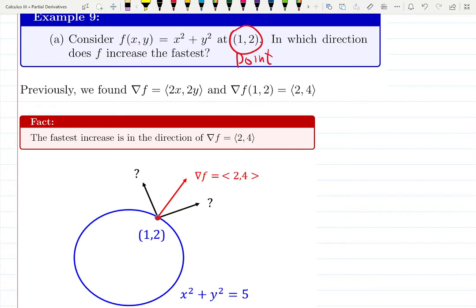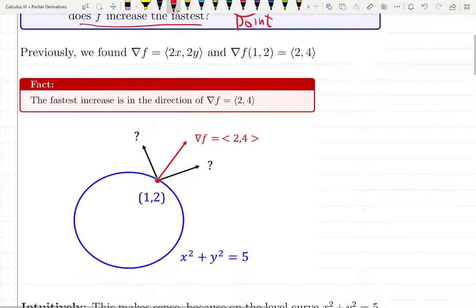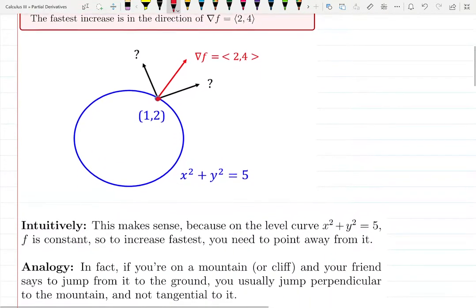And it makes sense that the fastest way to get away from the curve is the perpendicular way. That's what we learned before. And that is why gradient is used to find minimums or maximums, or where the function increases or decreases the fastest. There's a very nice explanation here. Intuitively, it makes sense.